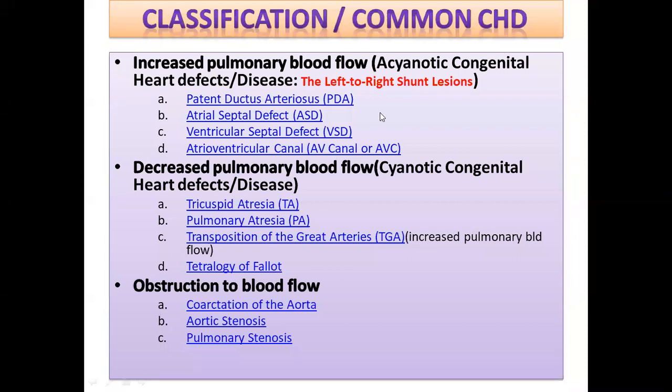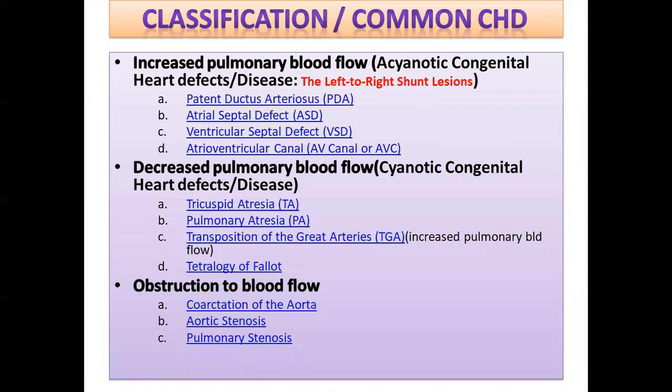Next we are moving to increased pulmonary blood flow, where left to right shunt lesions are present. These are patent ductus arteriosus, atrial septal defect, ventricular septal defect, and atrioventricular canal defects. In decreased pulmonary blood flow, we saw tricuspid atresia, pulmonary atresia, transposition of great arteries, and tetralogy of Fallot.